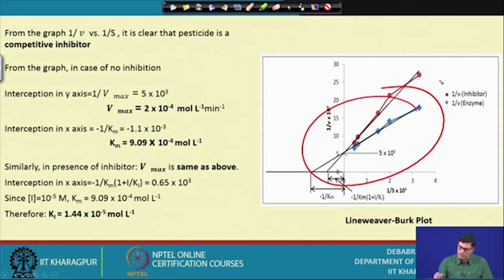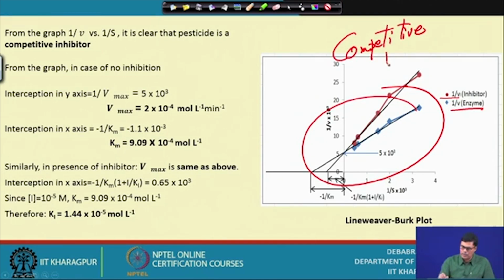This is with inhibition, and this is without inhibition. It is clear from this graph that this is an example of competitive inhibition. Am I right?